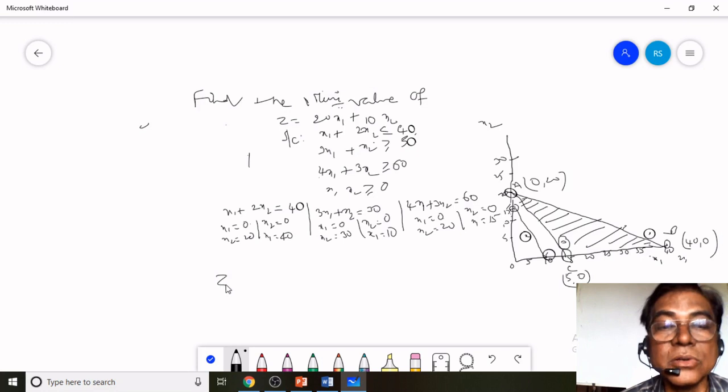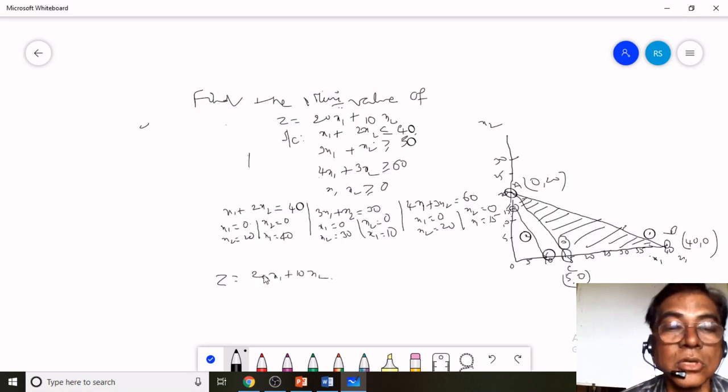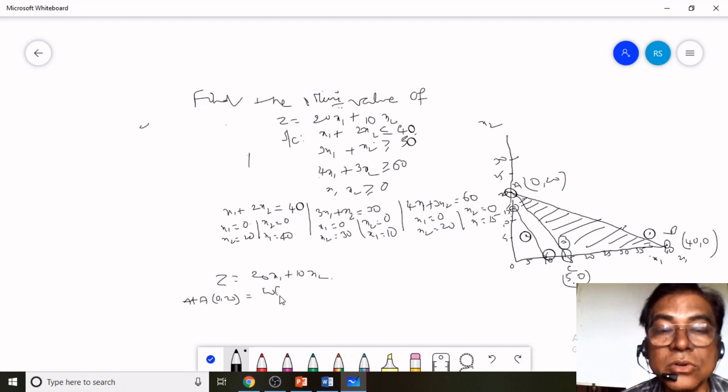Z is equal to 20x1 plus 10x2. Now substitute all the corner points here. At A, the coordinates are (0, 20). It means 20 into 0 plus 10 into 20, that is equal to 200.